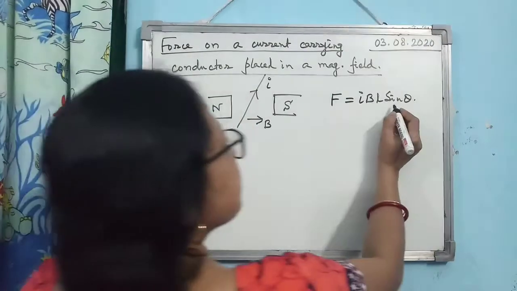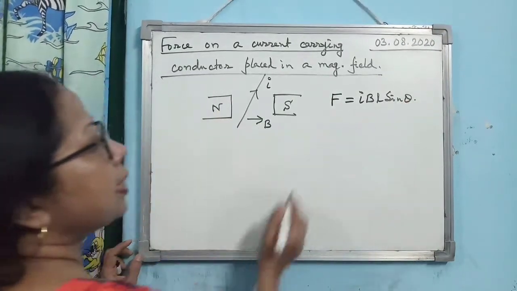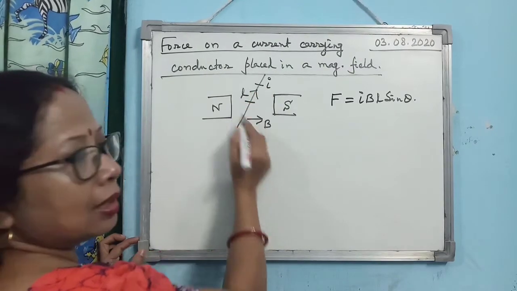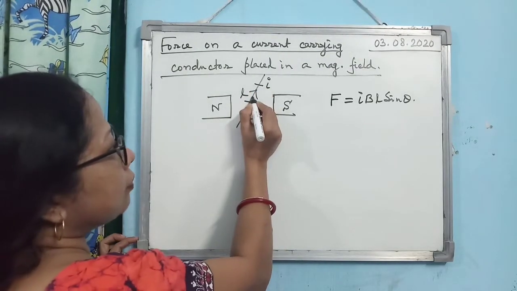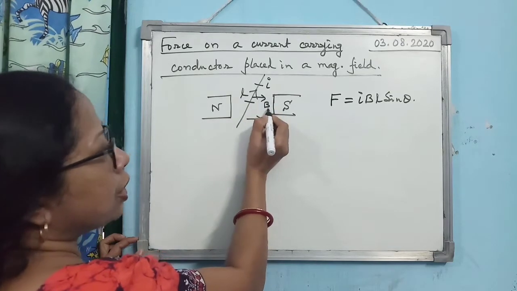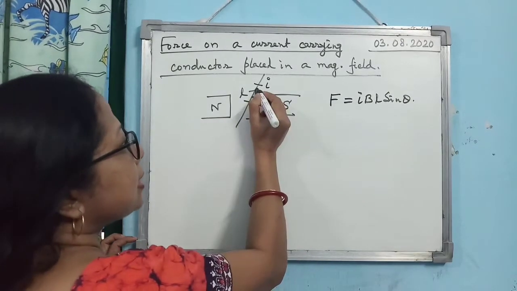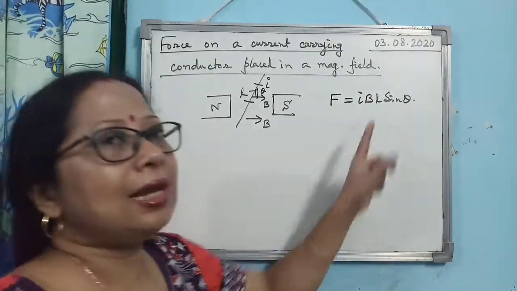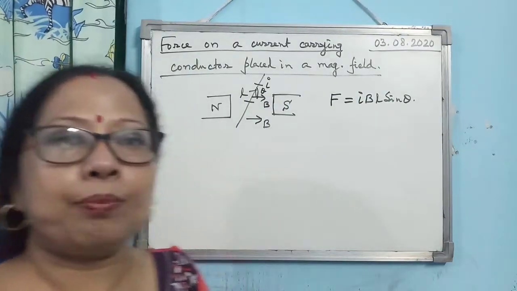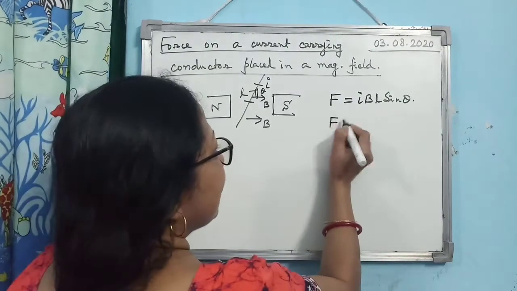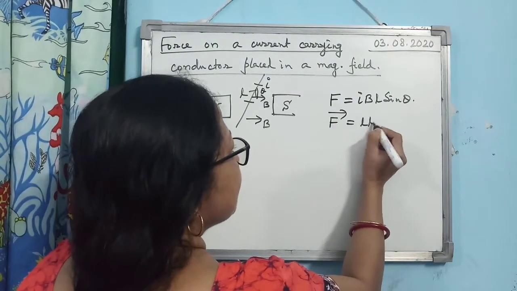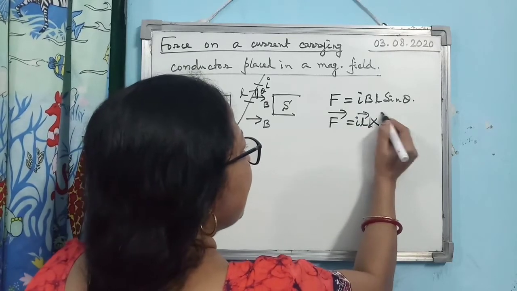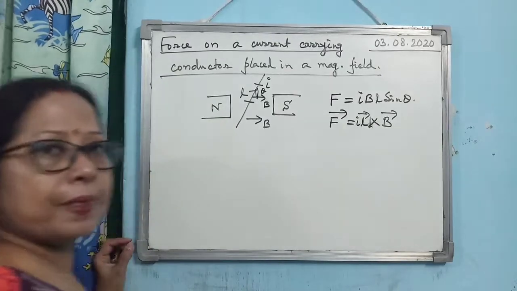Where sine theta, what is theta? Theta is the angle, means if you consider a length element L along the direction of the current, and this is the direction of B, then theta is the angle between IL and B. So one can write it like this: IL is a length element, then IL cross B. Clear?